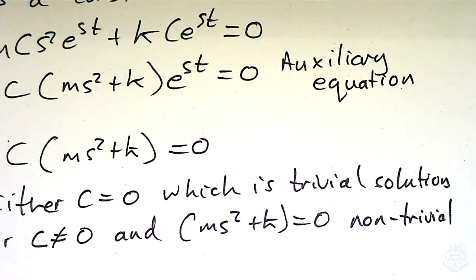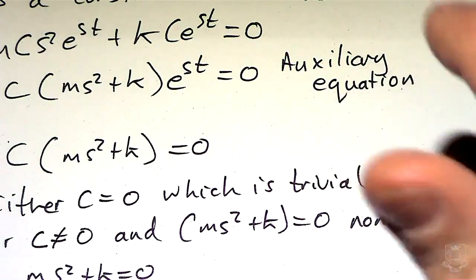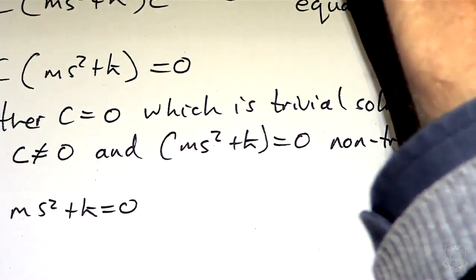So if we've got this situation where m s squared plus k equals 0, that's a quadratic, isn't it, that we've got to solve.